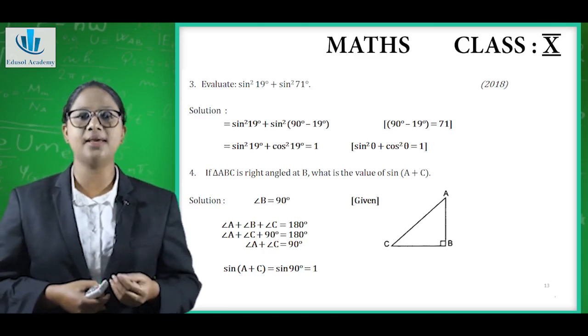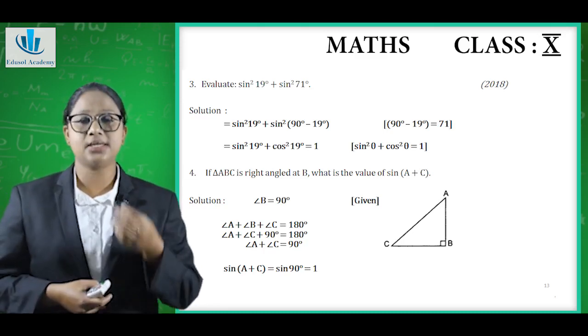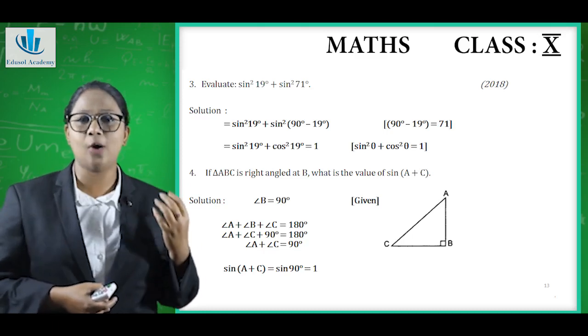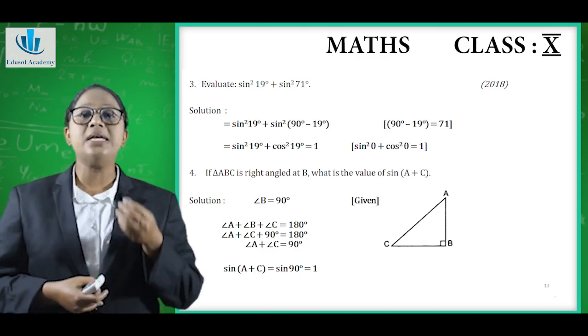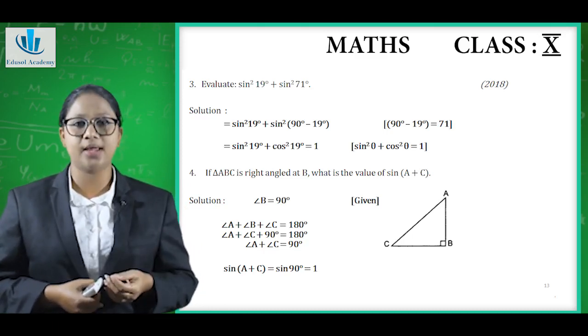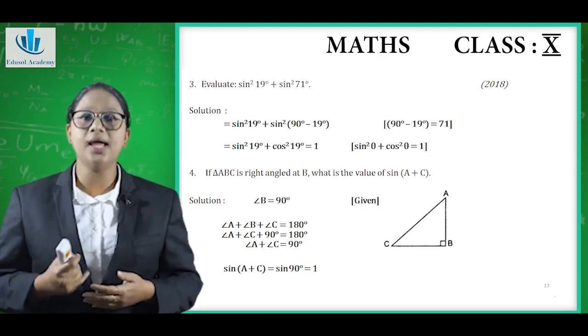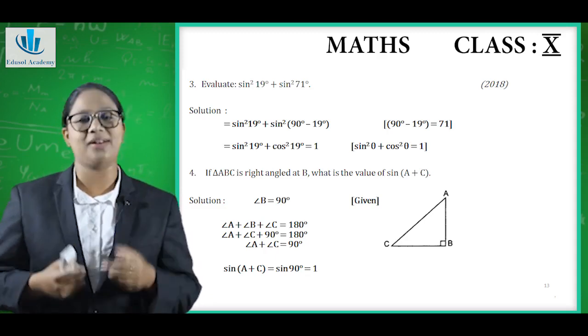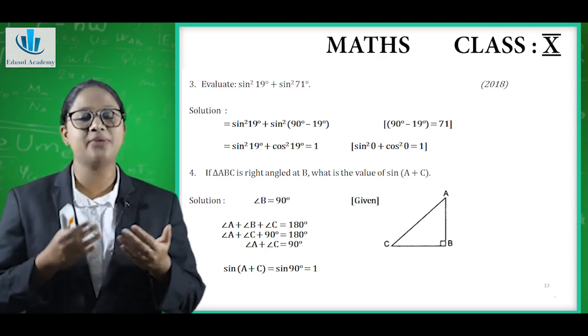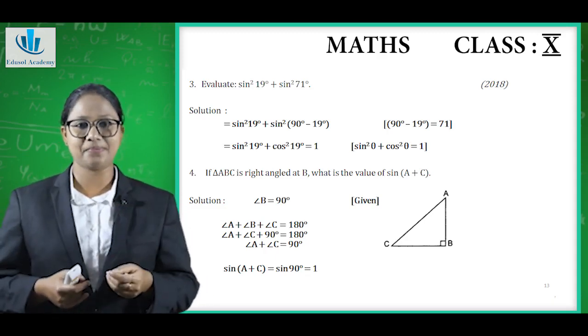I hope that step is clear. Now the obtained equation is of the form sine square a plus cos square a. So we have to apply the identity. What is sine square a plus cos square a? 1. So the answer is 1. So the answer for that question is 1.